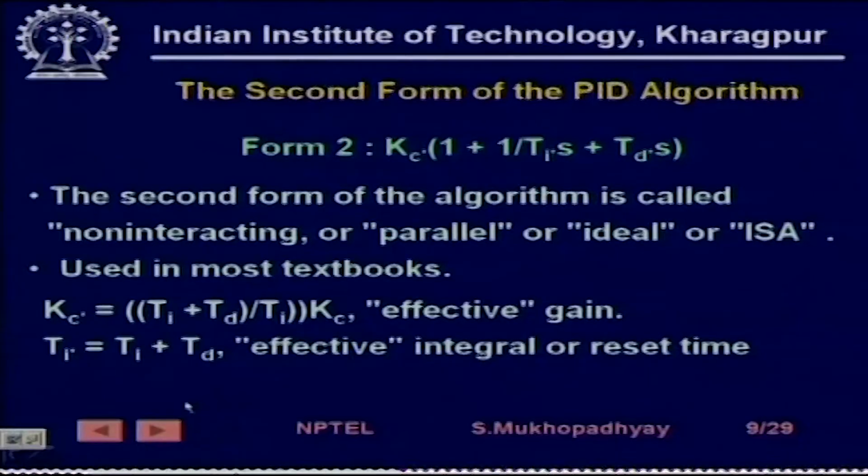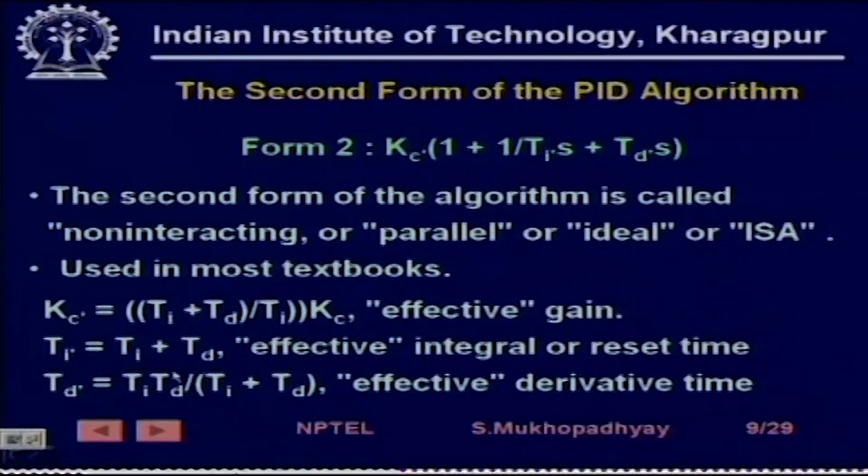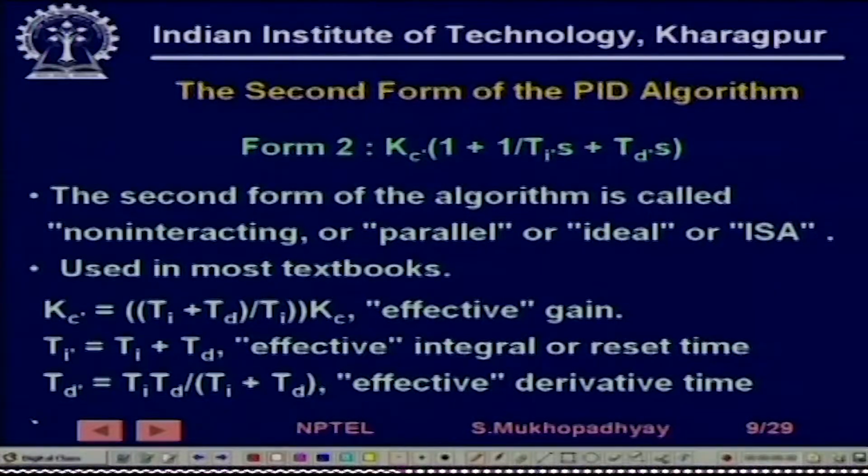Now you could try to convert, right. So, what is the relationship between form 1 and form 2, for example? It turns out if you solve by equating coefficients of s in the numerator and in the denominator, then you would find very easily that Kc dashed... there is a catch. That catch is that if Kd is high, that is this factor, 1 plus... let me just go back.